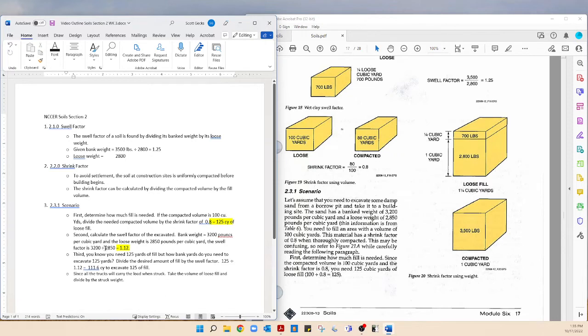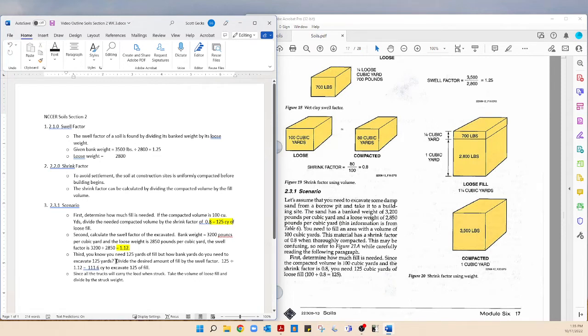I'm sorry, the swell factor is 1.12. So third, you need 125 yards of fill, but how many bank yards do you need to excavate 125 yards?